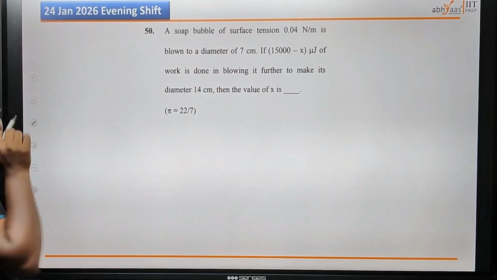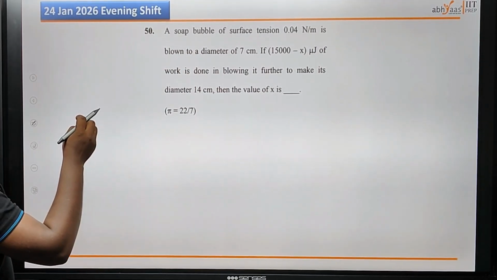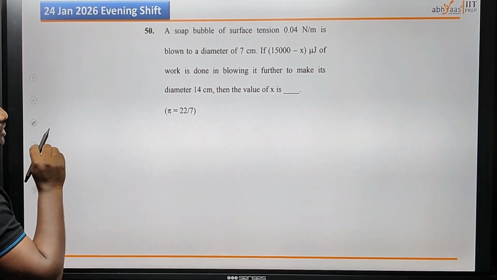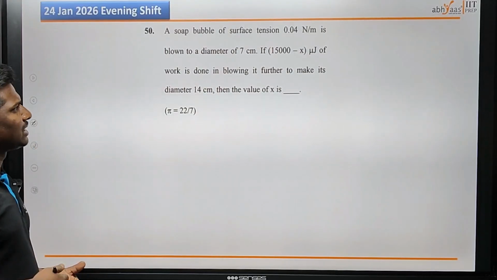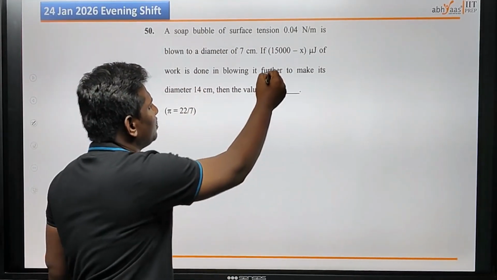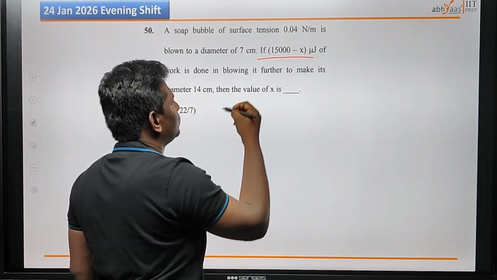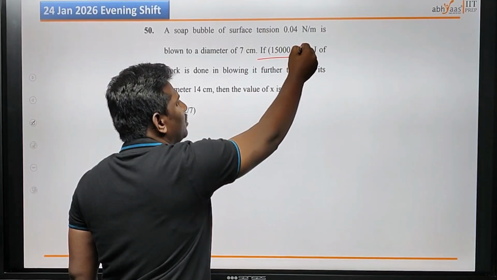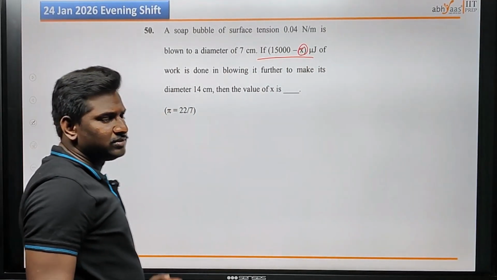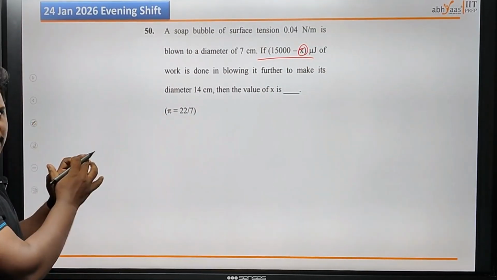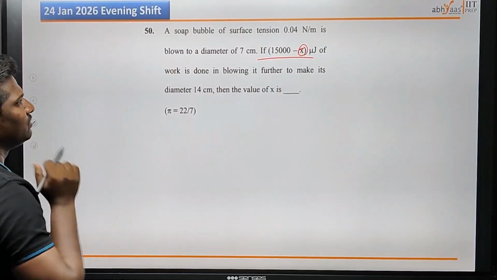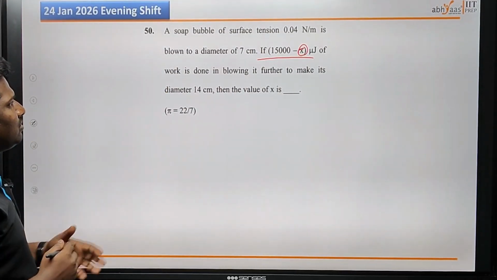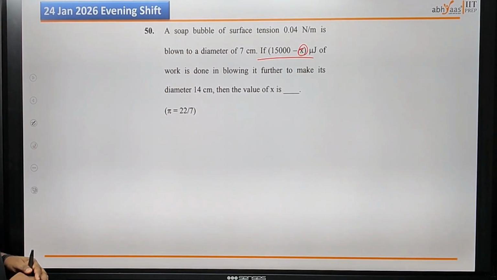They have given the work done value. First we have to find the work done, then equate it with that expression, and find the x value.